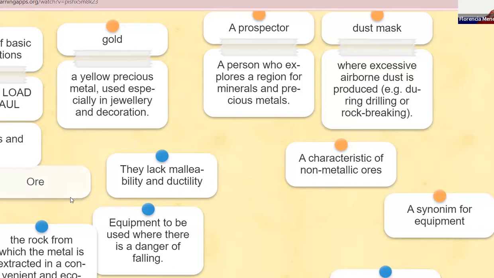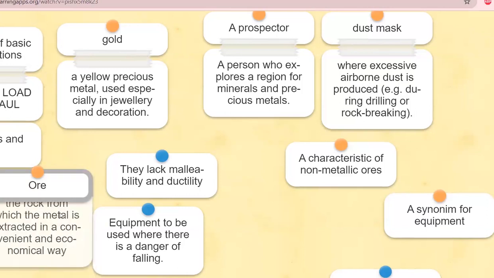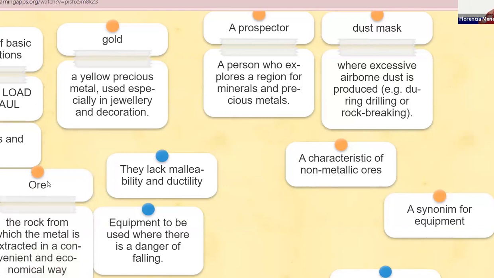And let's see. Pablo, what about ore? What is ore? The rock from which the metal is extracted in a convenient and economical way. Yes, perfect. Remember that when we talk about ore and minerals, they tend to be similar. They could be synonyms, but when we talk about ore, we are talking about the idea that when extracting it, there is an economic interest.